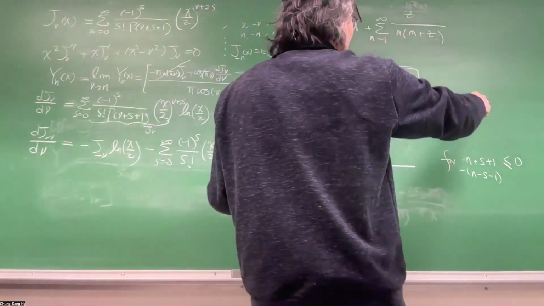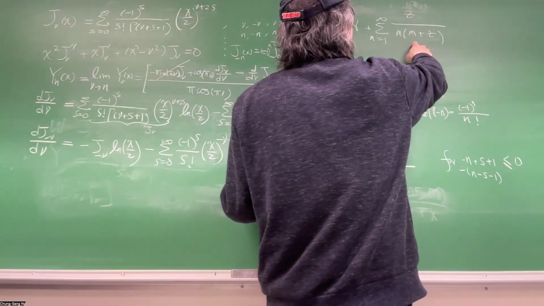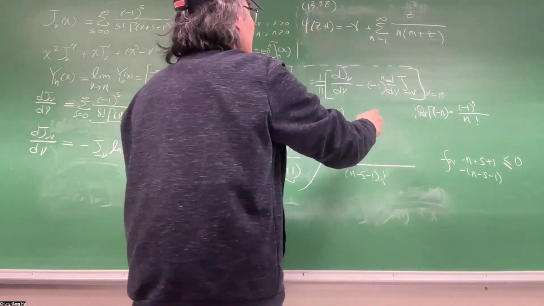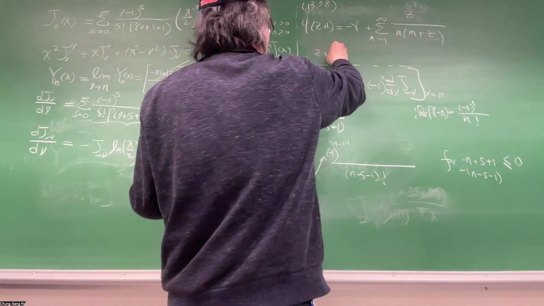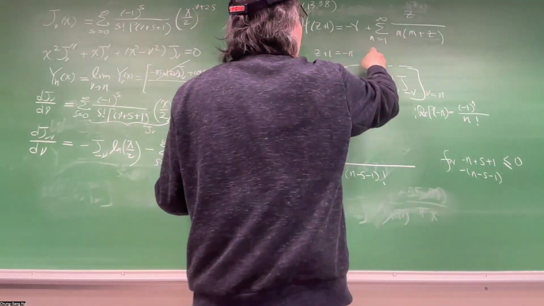So for this case, the residue is basically substituting whatever z is equal to, like z plus 1 equal to a negative integer.